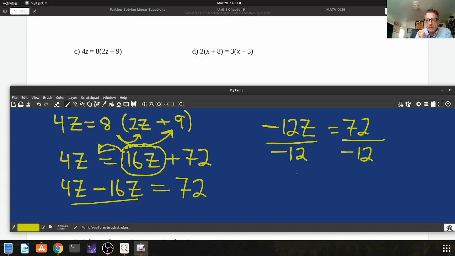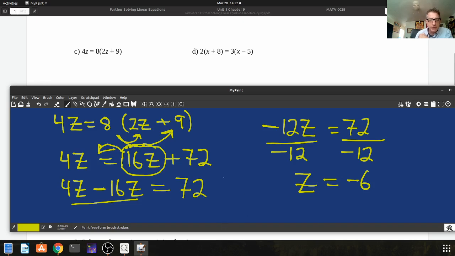This gives me minus 12 divided by minus 12 is 1, and 1 times z is z. And 72 divided by minus 12 is going to be minus 6. And that's our answer for that.